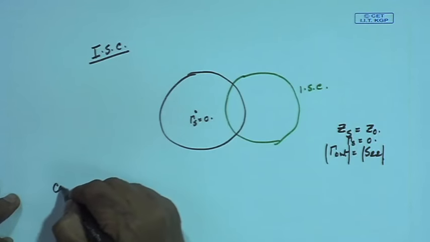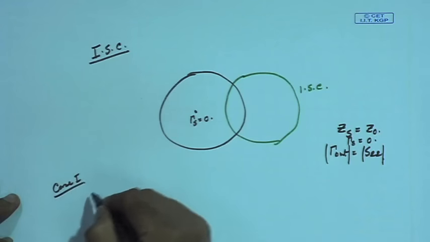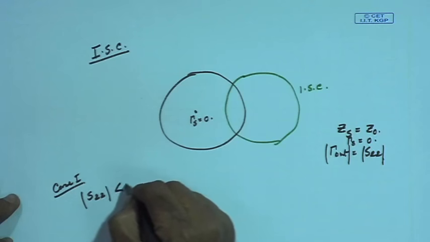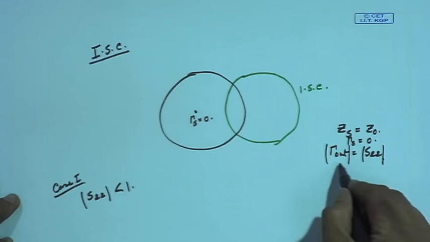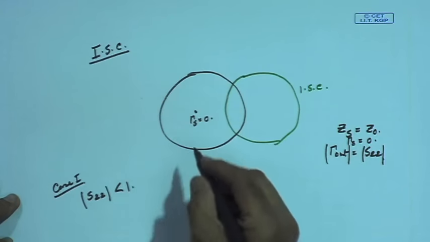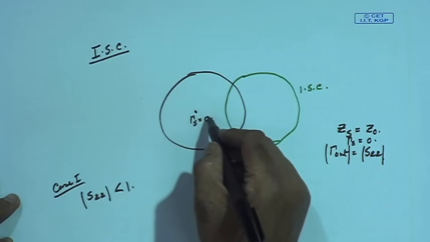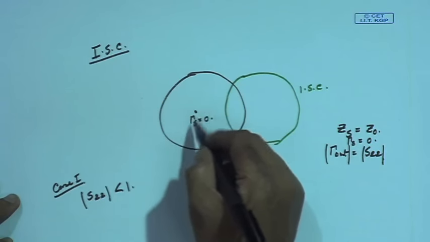Again there can be case 1, that I have S22 magnitude less than 1. In that case, I know that gamma S is equal to 0, so this is a stable region.